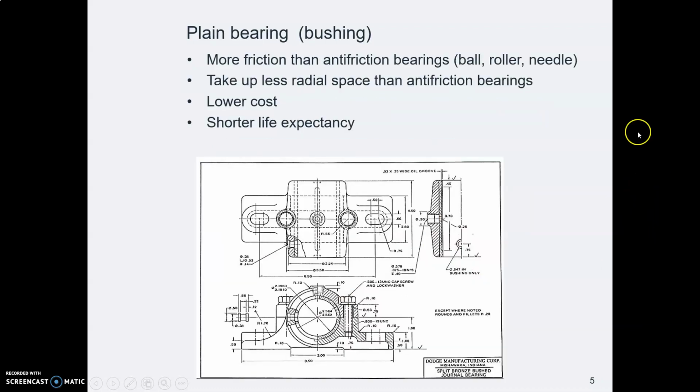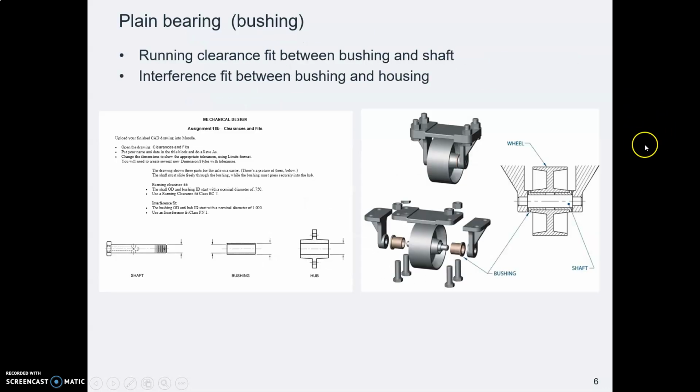Here's a drawing. They take up less space than roller bearings, so that's a good thing, and they cost less. If you took the mechanical design class in fall, you figured out some clearances for a bushing that pressed into a hub for some kind of caster assembly.